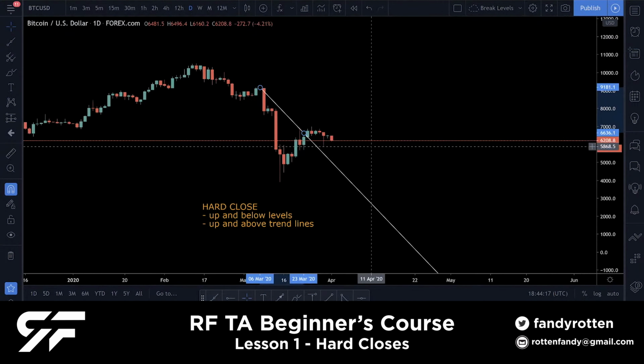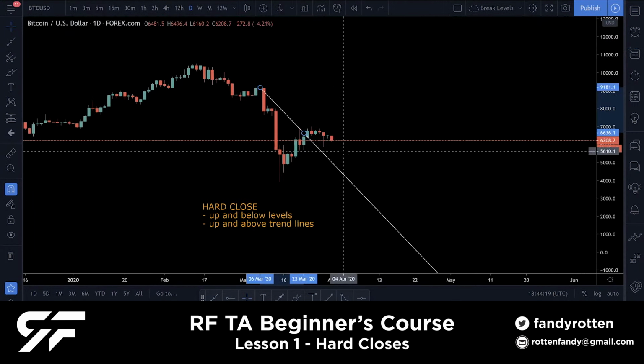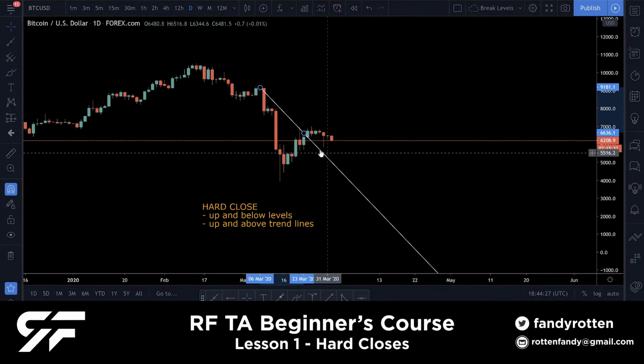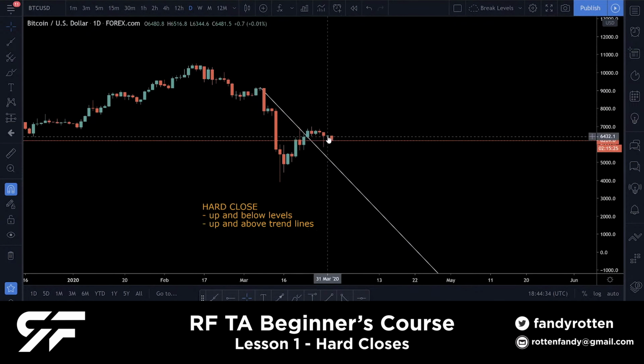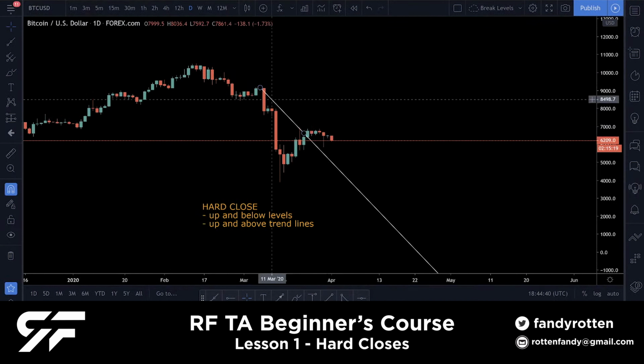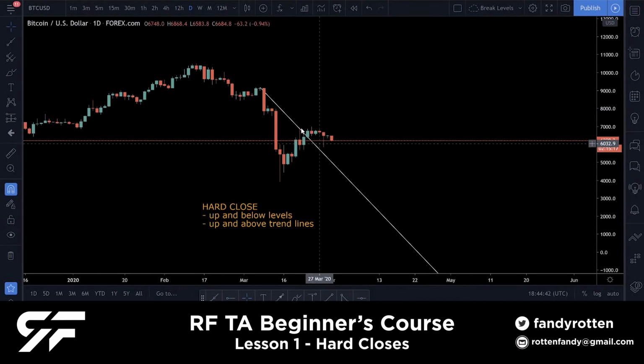So we want a hard close above this downtrend. The same principle applies over here. The bottom of the body of an accumulation candle has to be above this downtrend. In this case, this candle will not be considered a hard close, but these two will be considered hard closes. Why? Because the bottom of the body of these two candles is above this line, this downtrend.